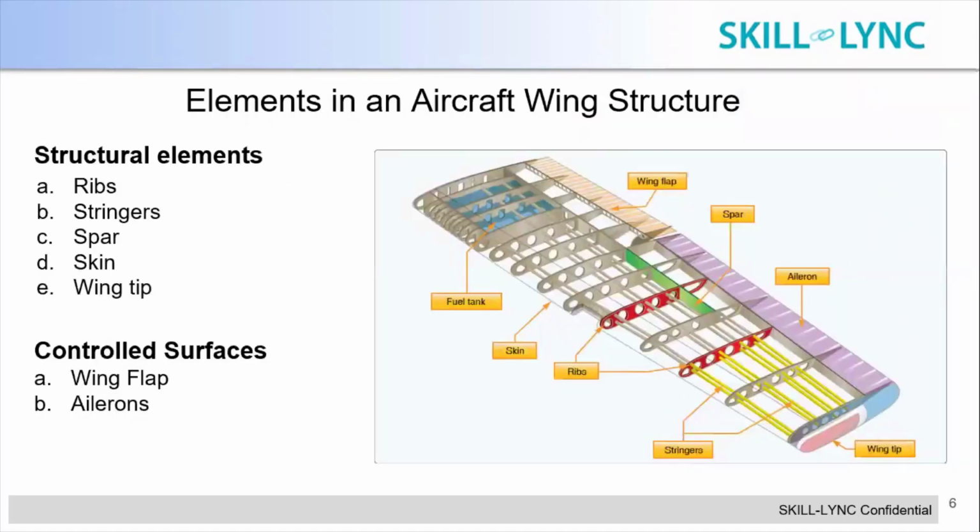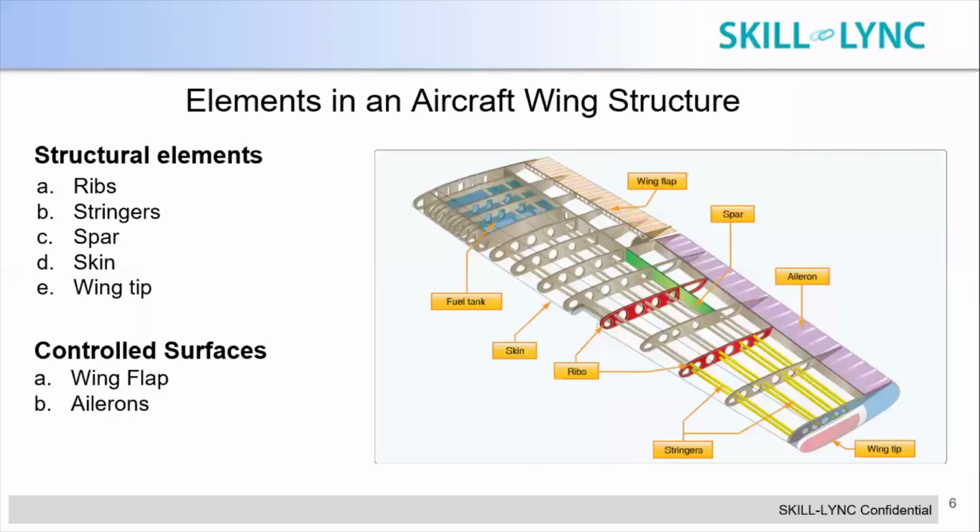Okay, so when we come to the wing, we have got different kinds of structural members like ribs and stringers.